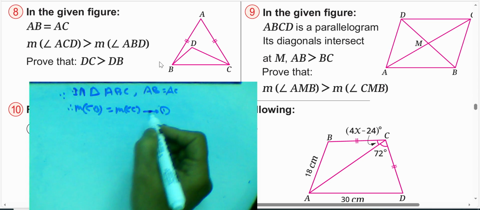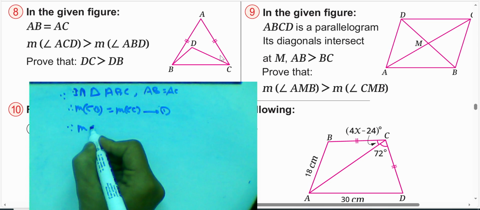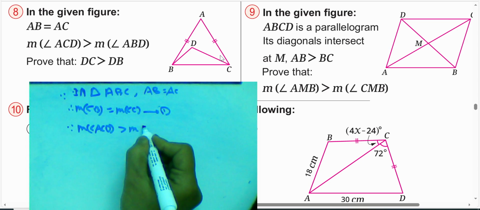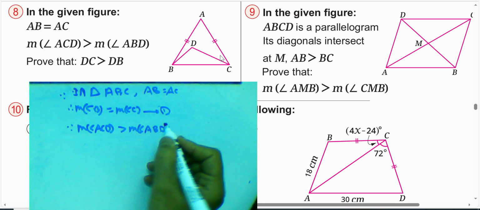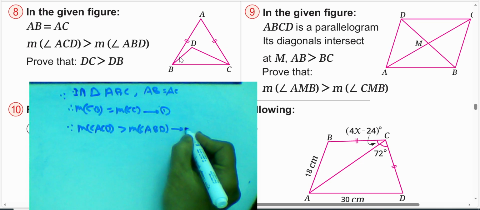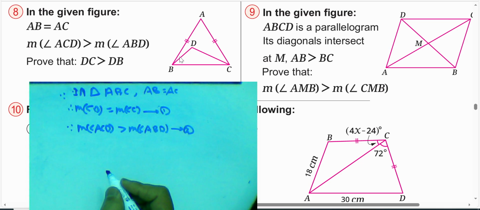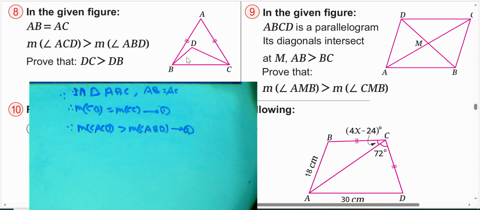This relation number 1. And also, he gives me the relation between two angles, ECD. Here is this angle. Measure of angle ECD is greater than measure of angle ABD. This relation number 2. We want to find the relation between DC and BD.